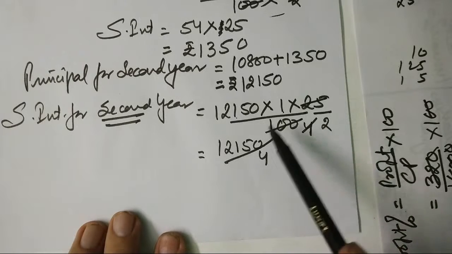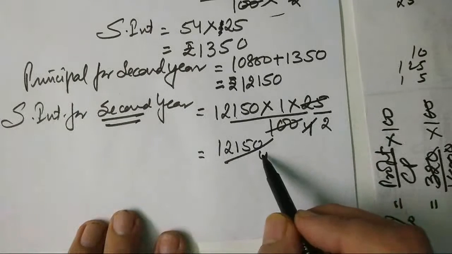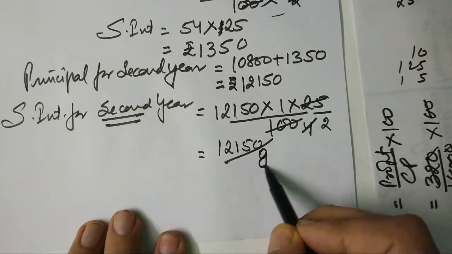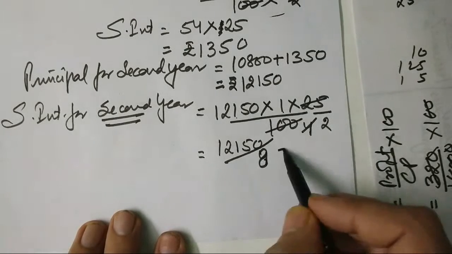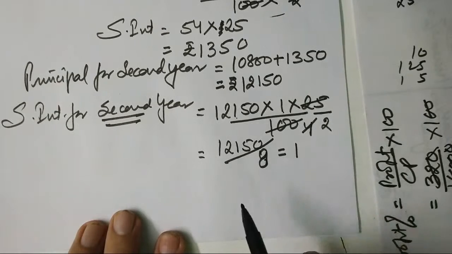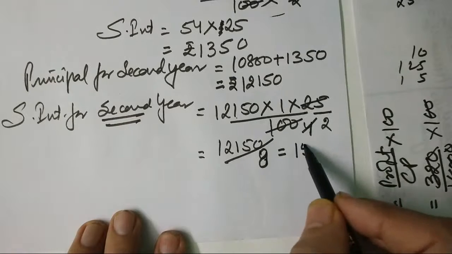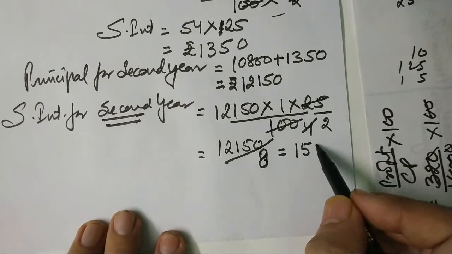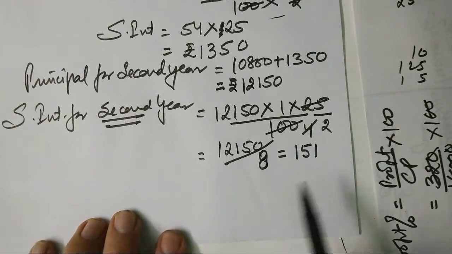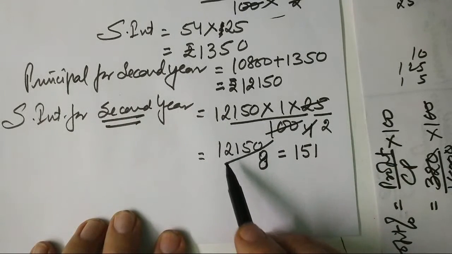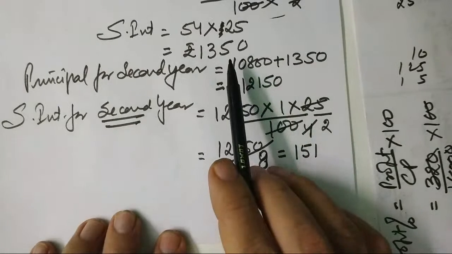And when I will use it, it is becoming 4 into 2, and it will become 8. So now you are seeing that the interest is coming more. First it came 1350.